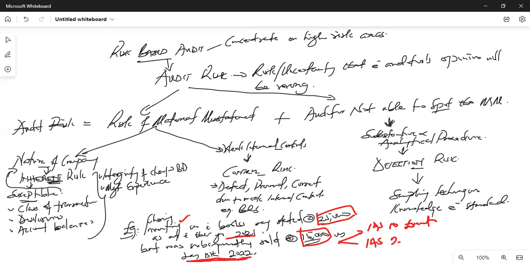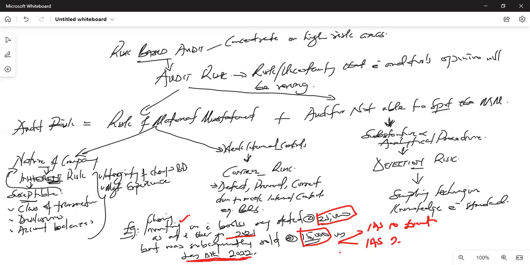The standard tells us that there are two kinds of events: adjusting events and non-adjusting events. An adjusting event gives evidence of something that existed before the end of the financial reporting date. This 25,000 existed before the end of the reporting date, and adjusting events must be adjusted.